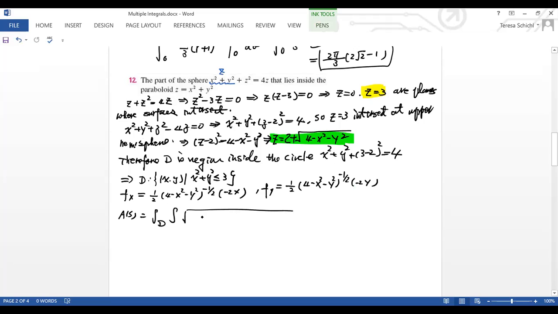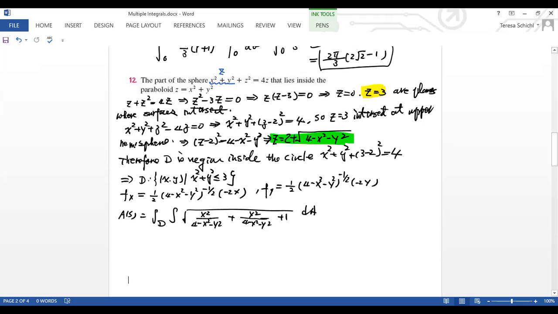So what is the f of x squared here? It will be x squared, and here is 4 minus x squared minus y squared, plus y squared, right? Then the bottom here is 4 minus x squared minus y squared, plus 1, dA.